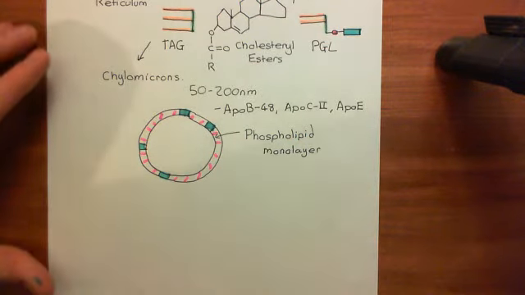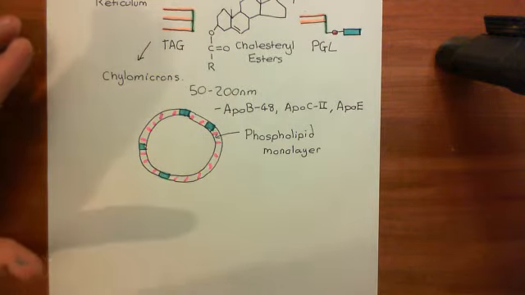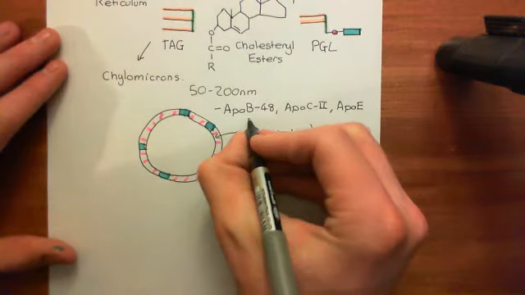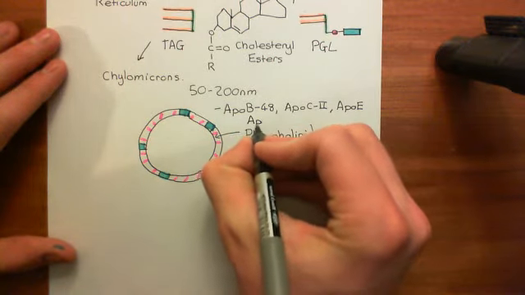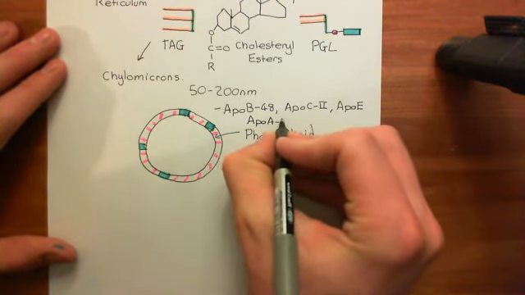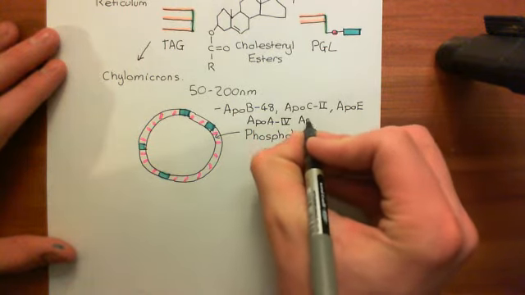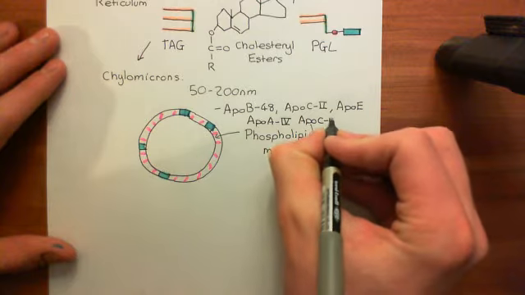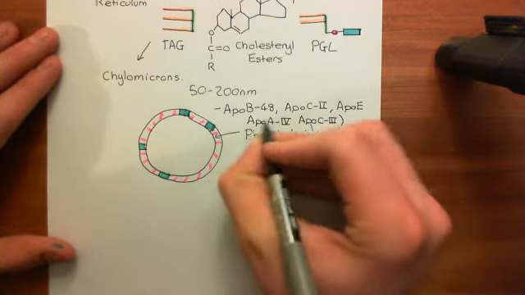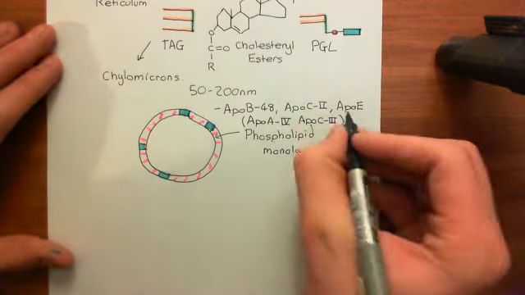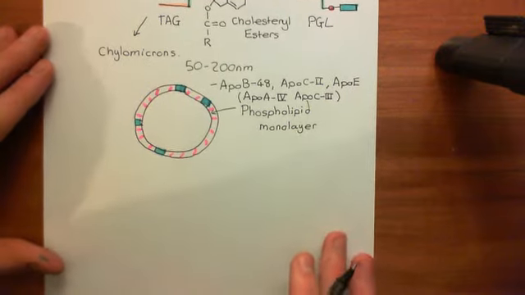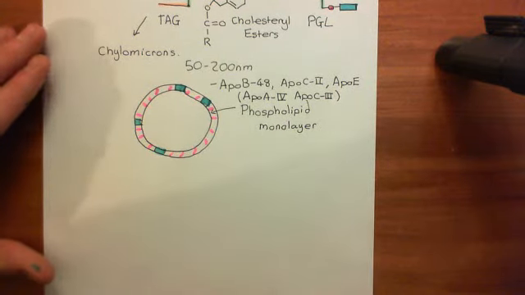There are 2 others which you can find within the phospholipid monolayer of chylomicrons. You can also find apolipoprotein A4, okay, and then also apolipoprotein C3. Okay, so those are to a lesser extent. These are the main 3 that you find within the phospholipid monolayer of chylomicrons.